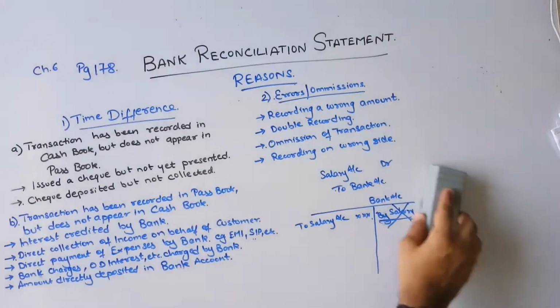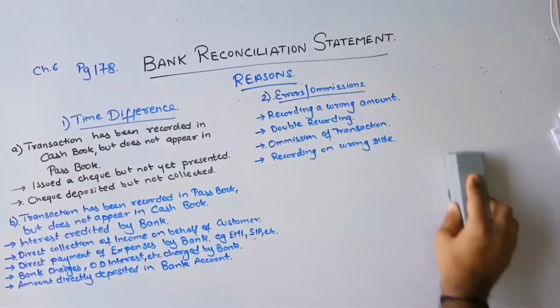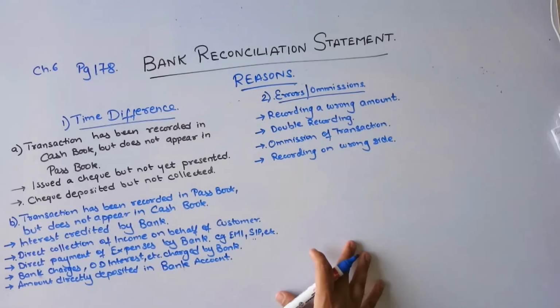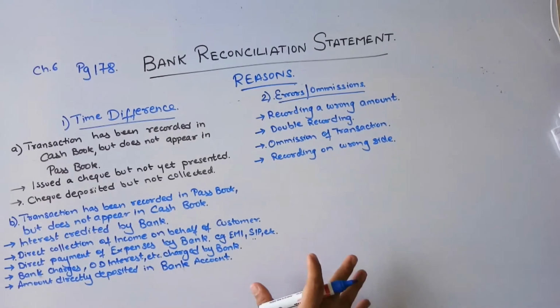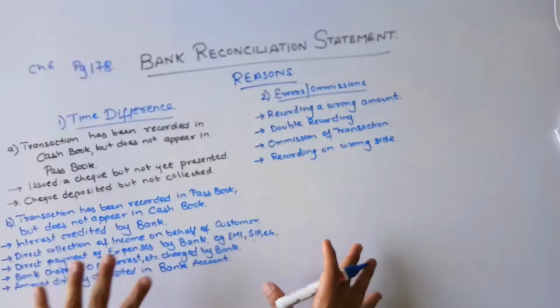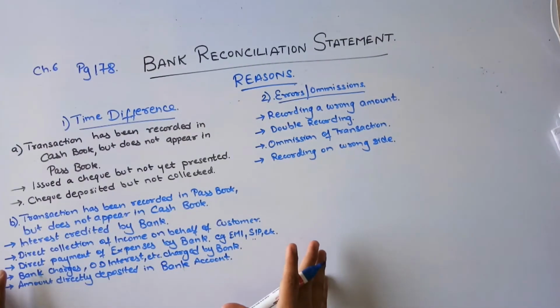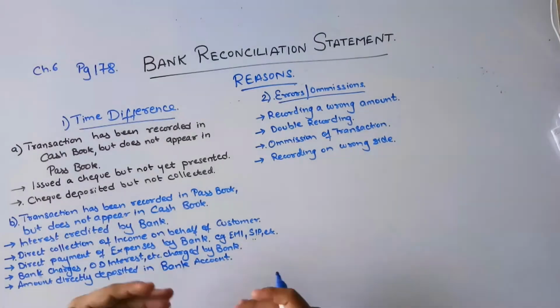These are major reasons why there will be a difference in the balance as per the cash book and the balance as per the passbook. Major reasons, you need to understand these reasons very thoroughly. Please understand one thing: understand the reasons.